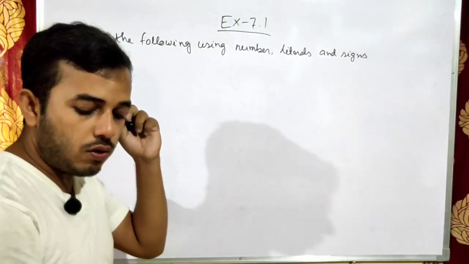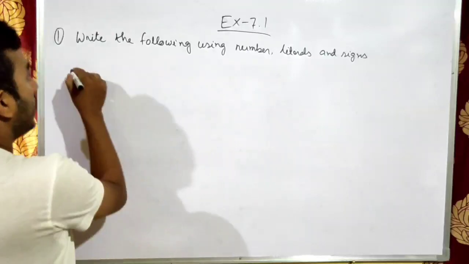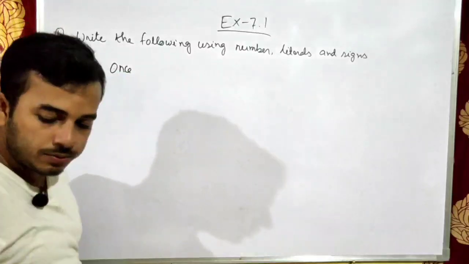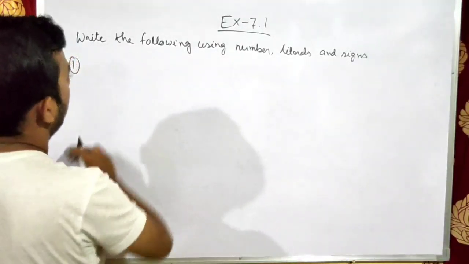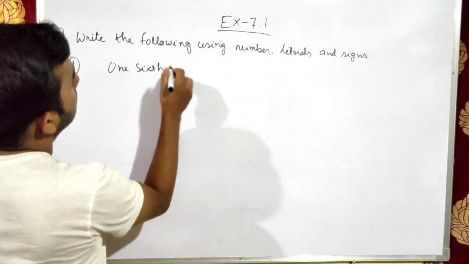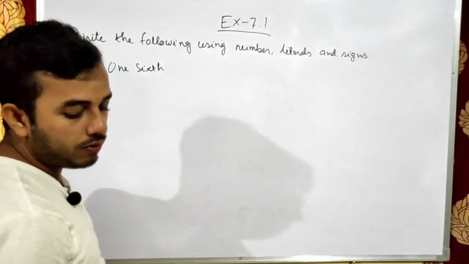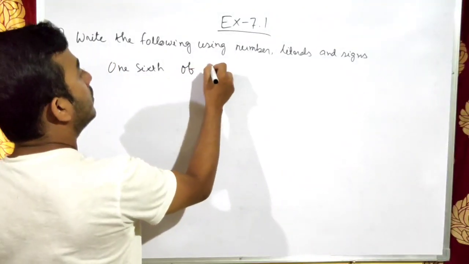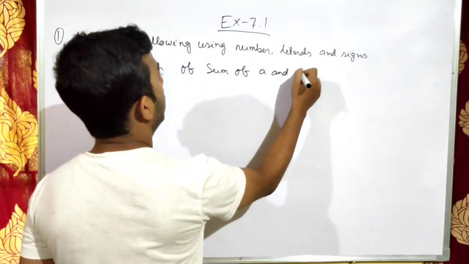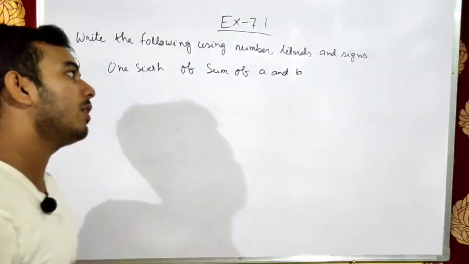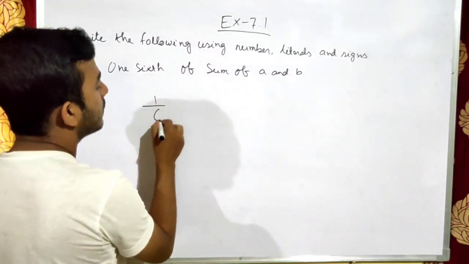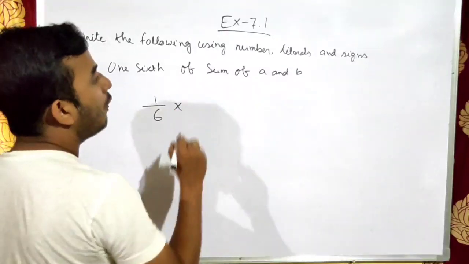Number 1 is 1/6 of the sum of a and b. So first look: 1/6 means 1/6, of means into, and sum of a and b means what?